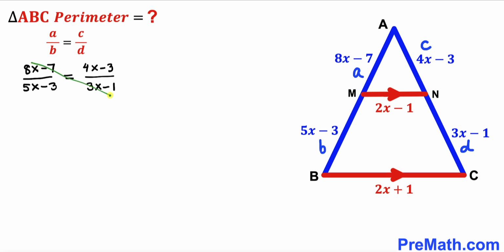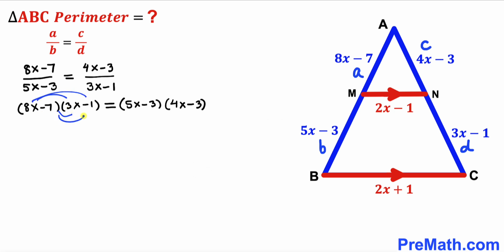Now we are going to cross multiply. Let's multiply 8x minus 7 times 3x minus 1 equals 5x minus 3 times 4x minus 3. We multiply them by doing the double distribution.